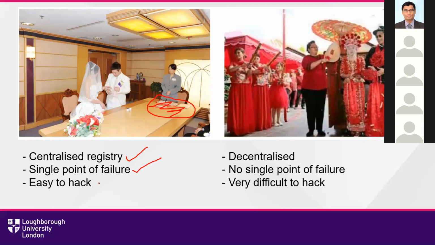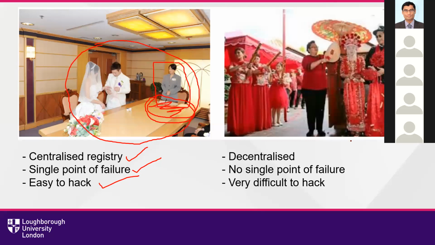So it's quite easy to hack. It is a problem with the centralized nature of doing business. If you trust this registration book and this one person, then we are in trouble, because your wedding can be changed, right?